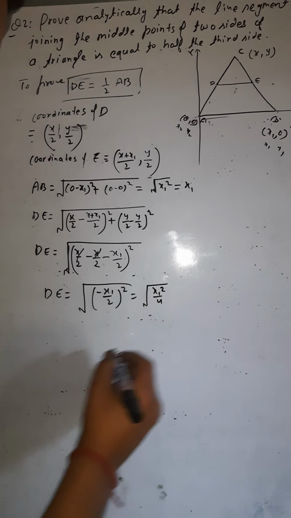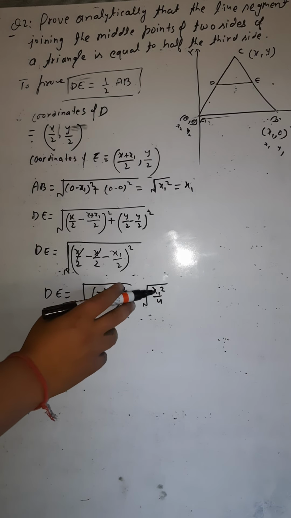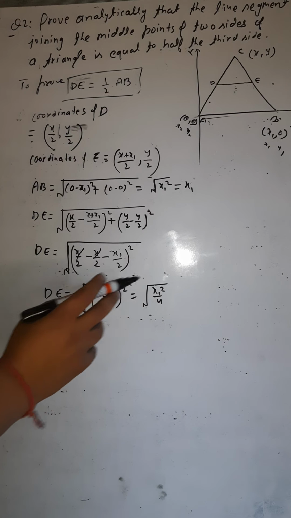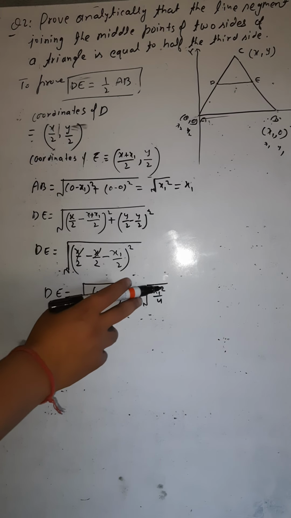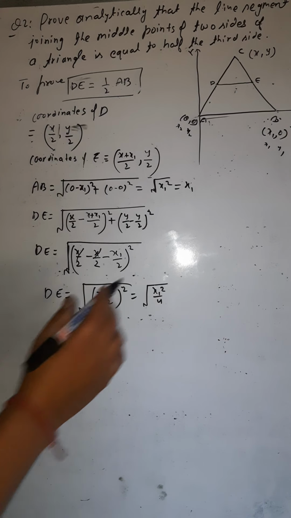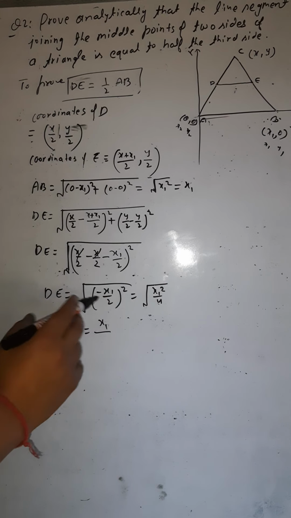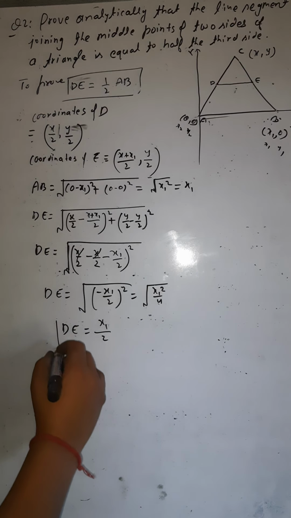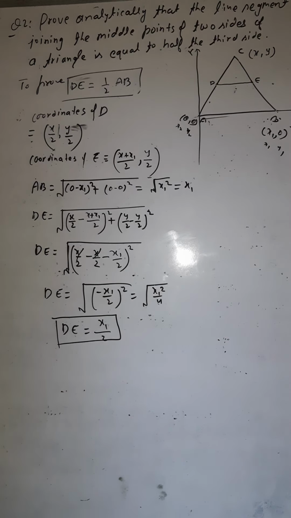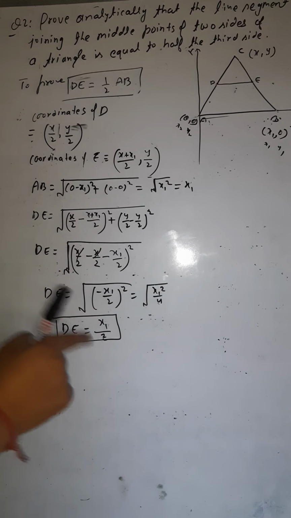The square root is removed by the square, so x1 square gives x1. Similarly, downside, the square root of 4 is 2. Are you getting this? So this is DE, which means x1 by 2.